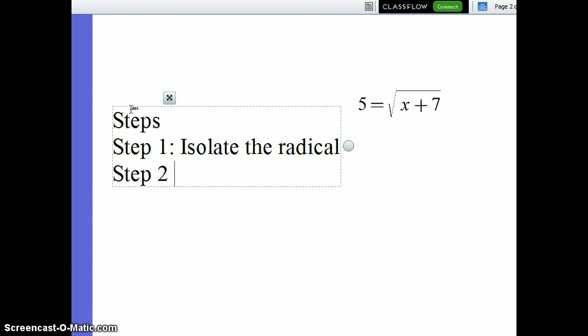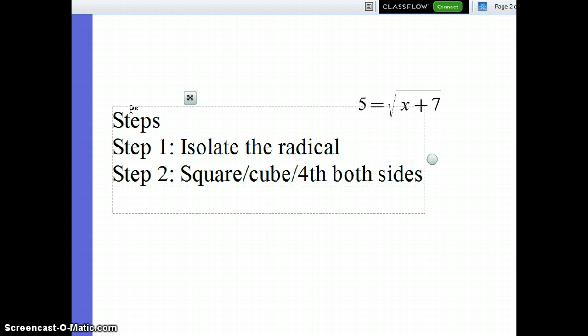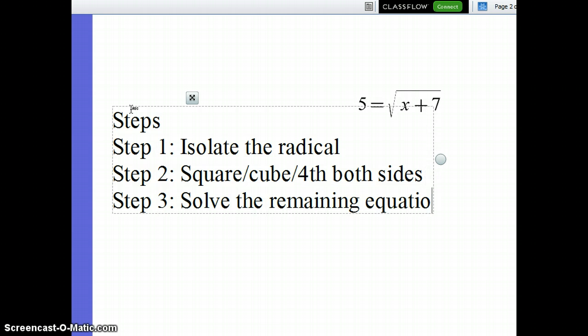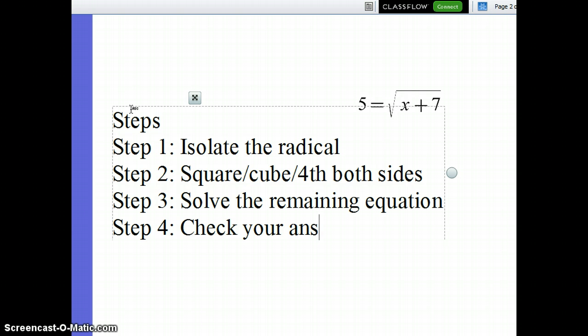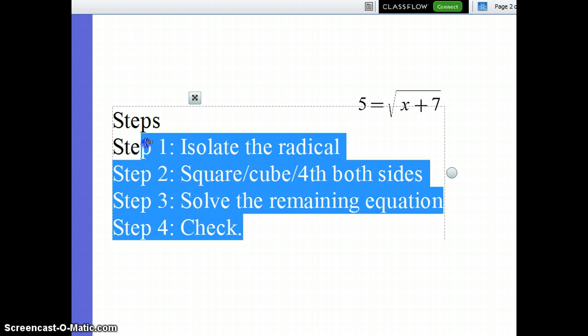Step 2 is going to be to square or cube or fourth, whatever it is, both sides. Step 3 is going to be to solve the remaining equation. And step 4 is going to be to check your answers. And you always need to check because you may come up with answers that don't work.